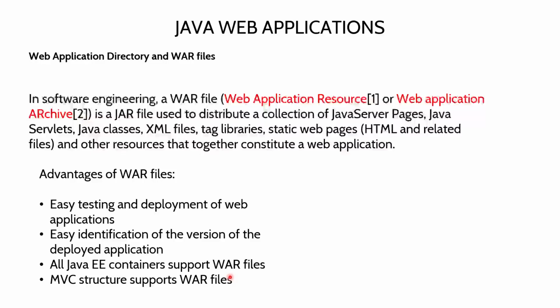So a WAR file looks a lot like a zipped file, but if you can unzip it, you can look at the contents, and inside you will see all of the resources for your Java web application. And the WAR file runs on the web application server.